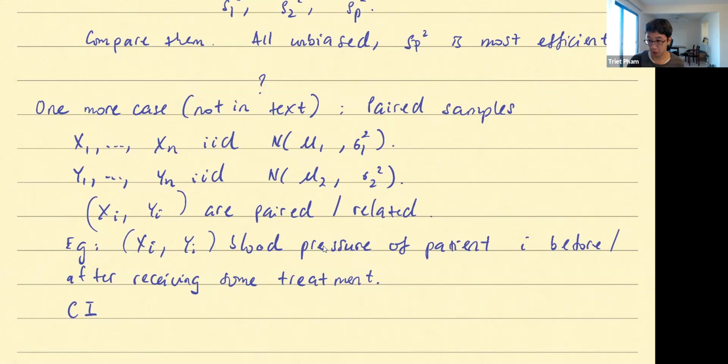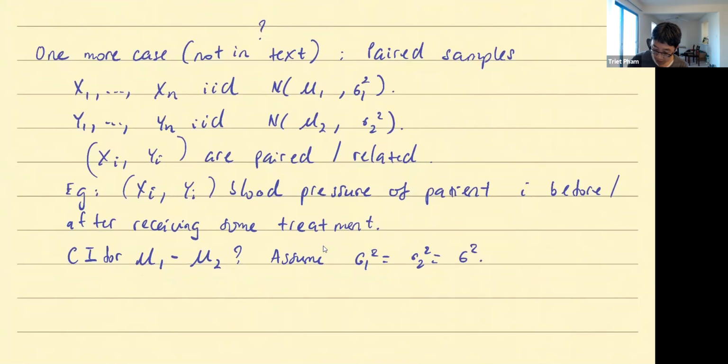For our question, we just want to do something like this: mu1 minus mu2. Now, for the sake of discussion, let me even assume that sigma1 square equals sigma2 square equals sigma square.